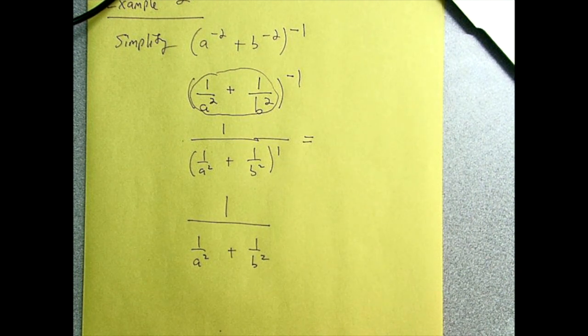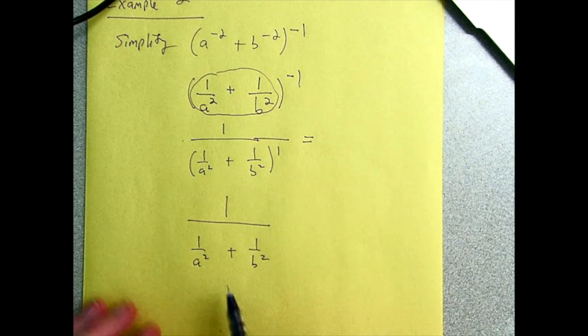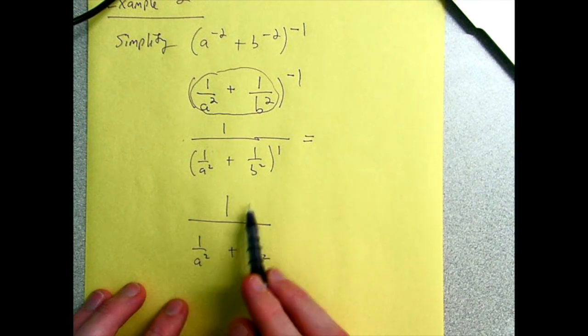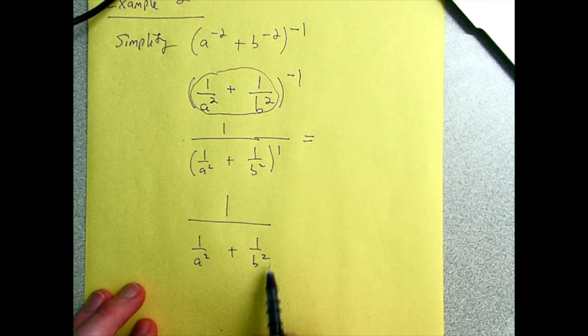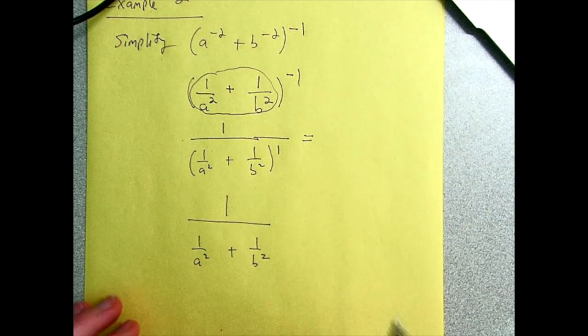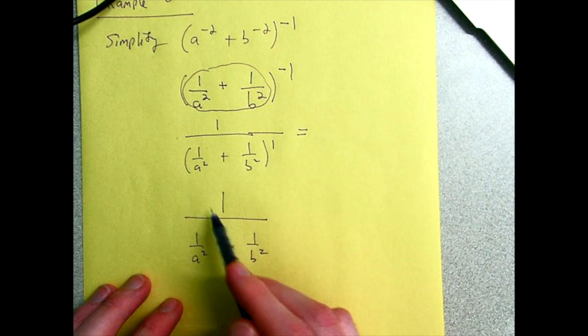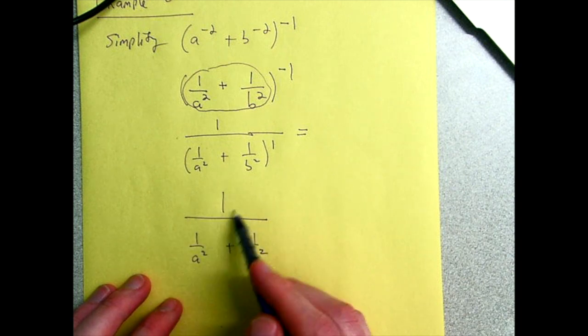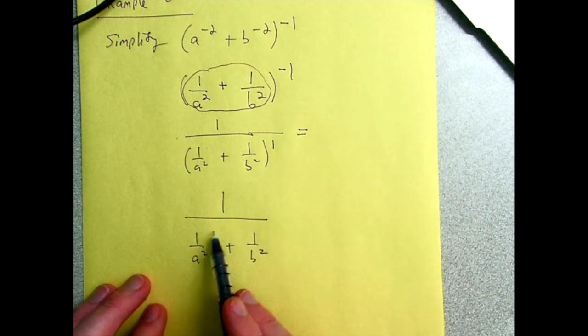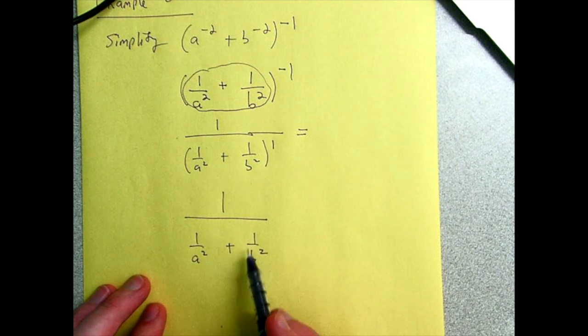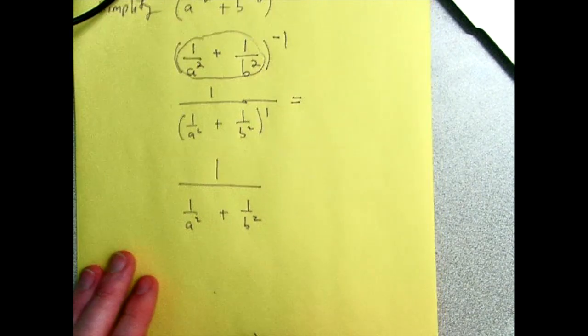To do that, what you have to do is obtain a single fraction up top and obtain a single fraction down below. This object here, I suppose, isn't technically a fraction, but you can think of it as 1 over 1. However, the object in the bottom is definitely not a single fraction. We need to make it a single fraction. So let's do that.